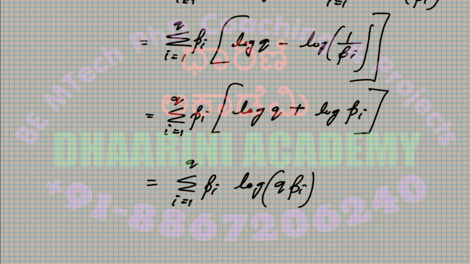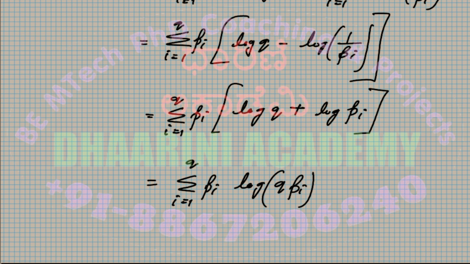Now, let me try to understand a concept. Whatever log I have taken so far is to the base 2. How do I write a log to the base 2 in terms of any other log, say log to the base e?